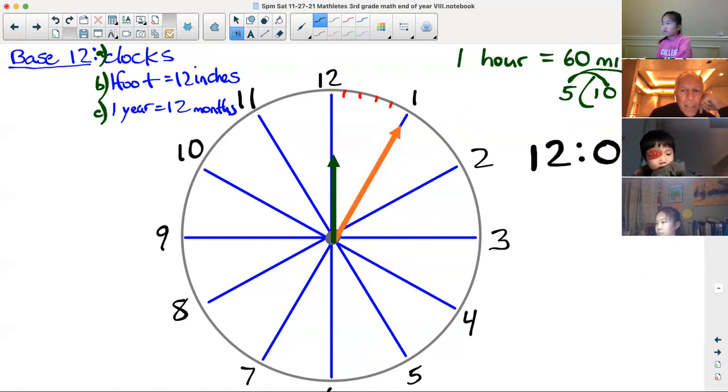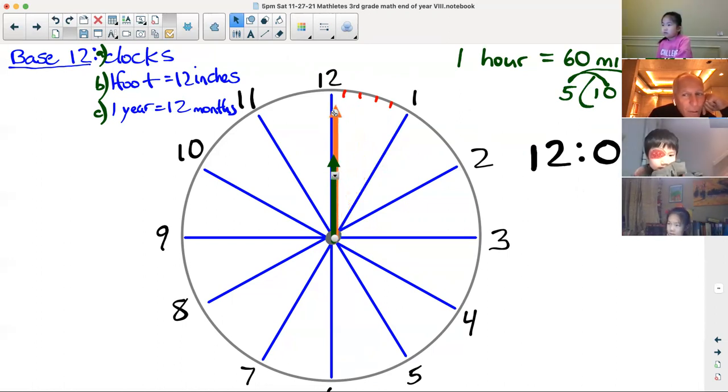And how many minutes? 5. 1, 2, 3, 4, 5. So that's 12 o'clock, 12:01, 12:02, 12:03, and 12:04, and 12:05. Pretty cool. Now, what about that guy right there?